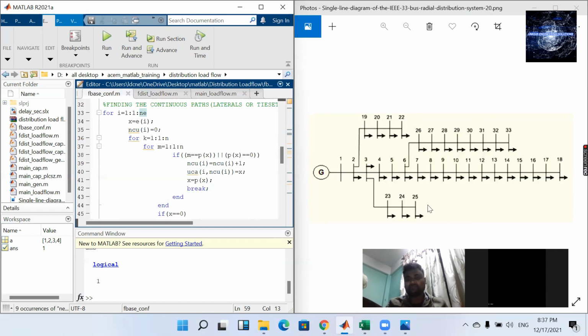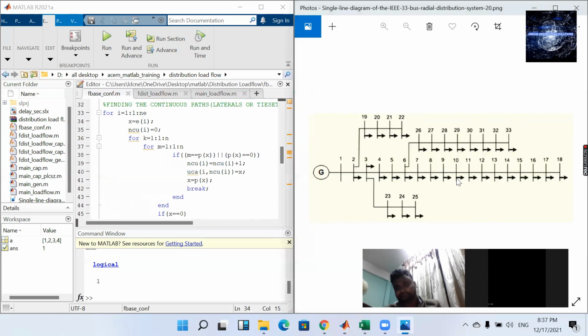If there were 5 in nodes, then there must be 5 laterals. So for each lateral, we have to see the arrangement of buses. Now let's see from this figure how we can calculate the number of buses in each lateral.